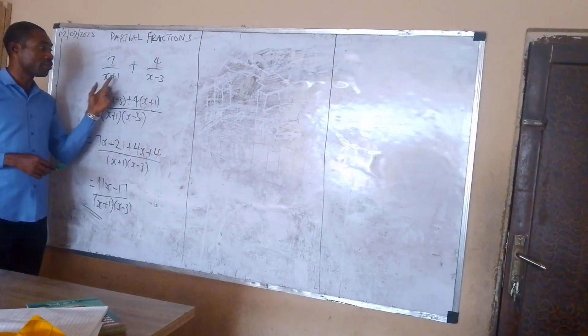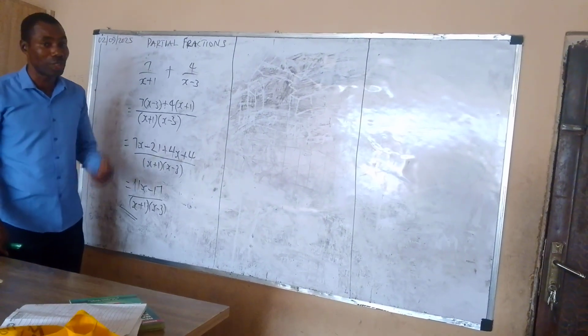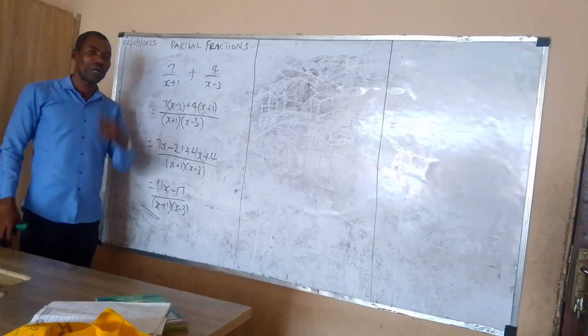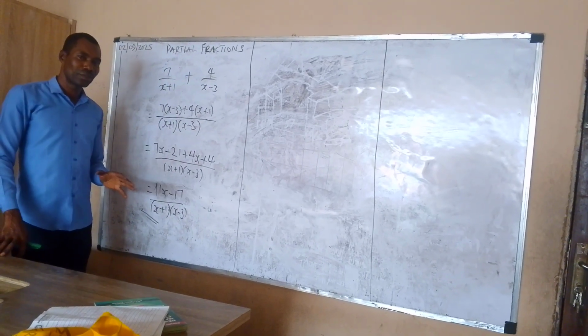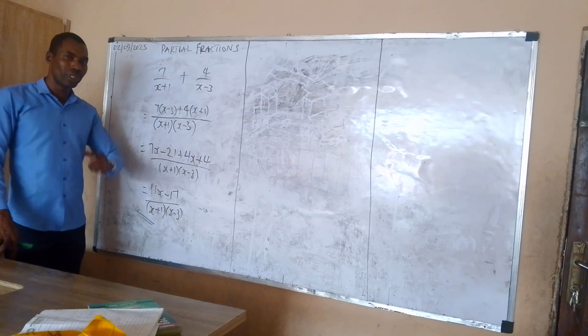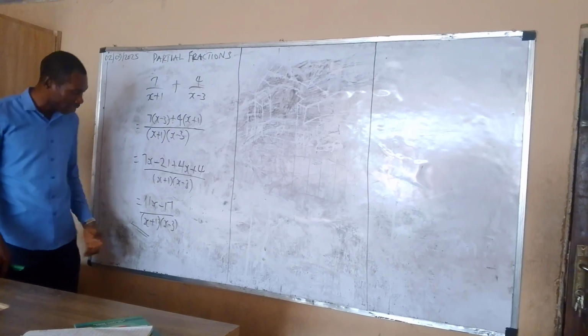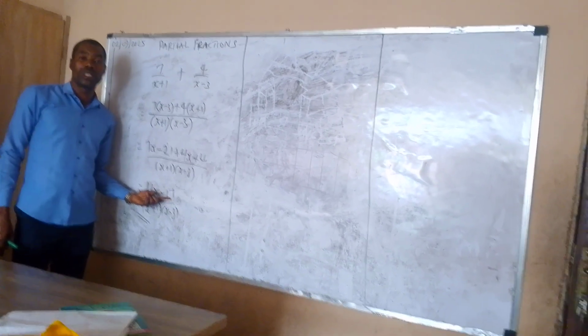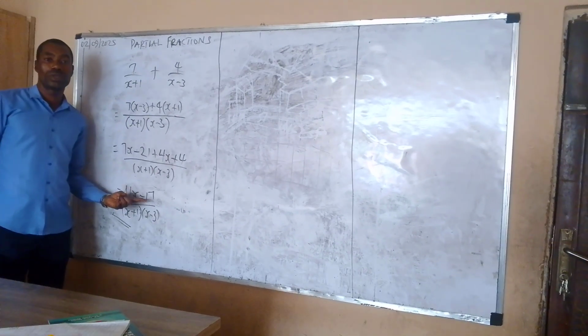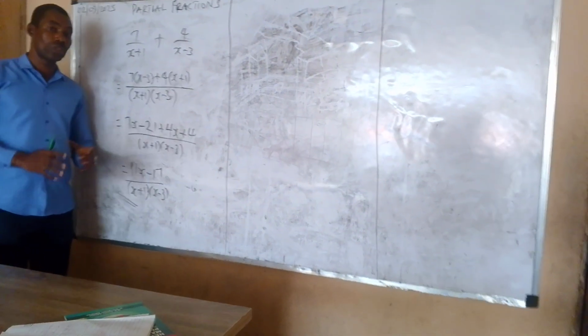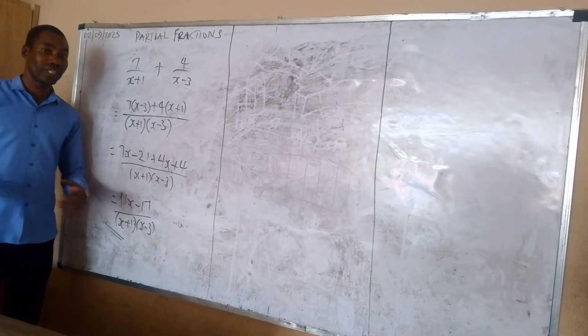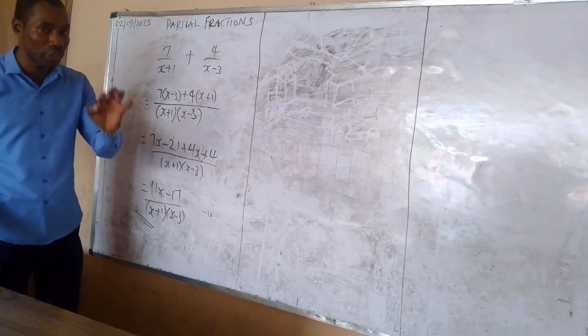If I combine these two simple fractions, it will give me this one compound fraction. In partial fraction, I'm expected to do the opposite, the reverse, meaning I will be given a single compound algebraic fraction, and I am expected to resolve it, to break it into its component fractions.